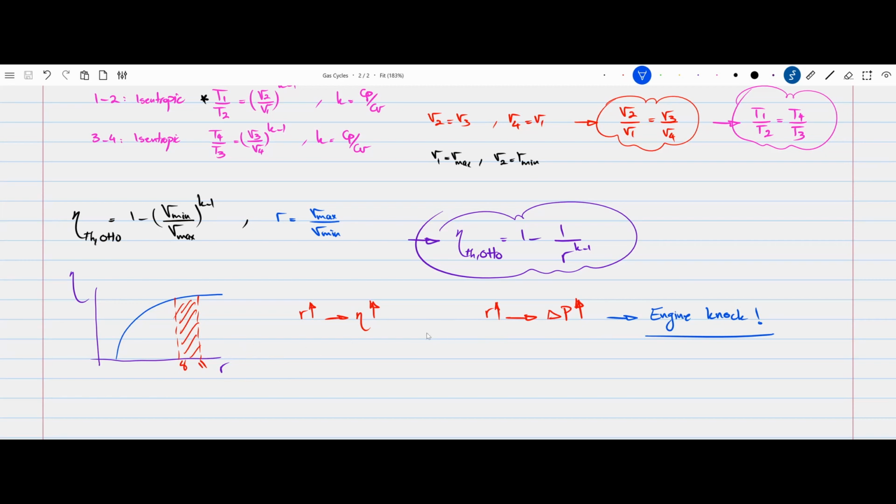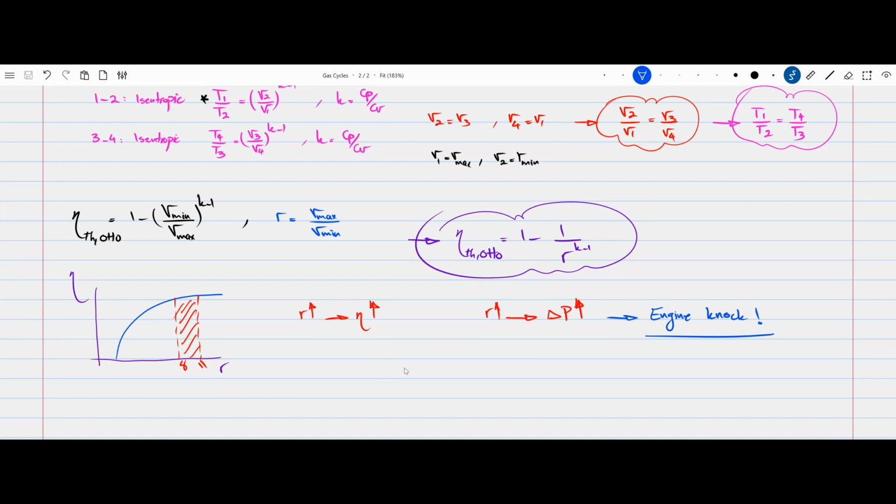So this is the ideal cycle for a gasoline engine. I'm going to solve problems from this topic in a separate video, so stay tuned for a separate upload with the problems of this topic.